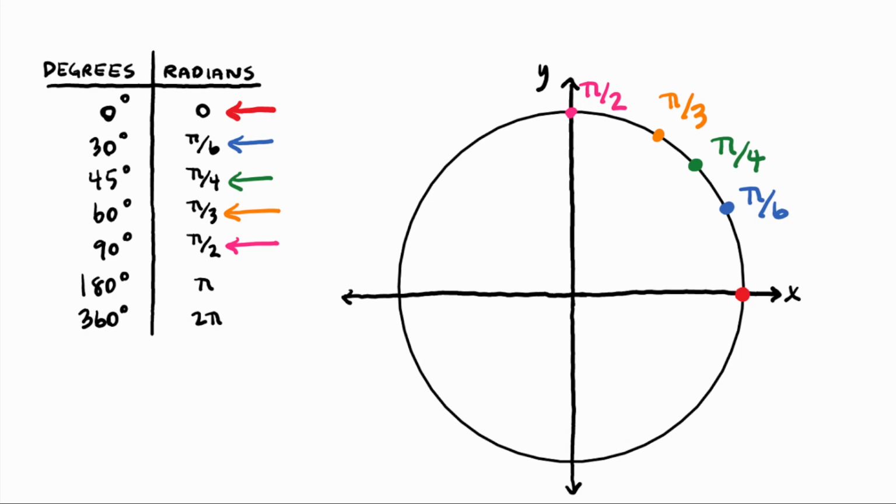So pi radians is going to be over here, and we'll talk about this quite a bit more in the next video. And 360 degrees, that's 2 pi. That gets us all the way back to where we started, which was at red.